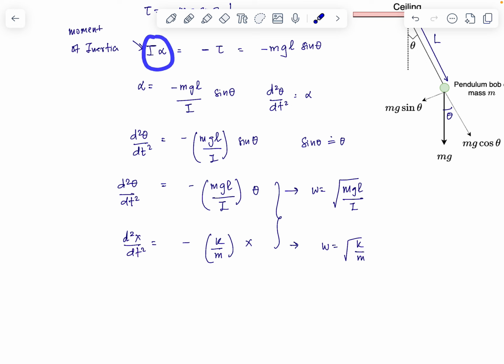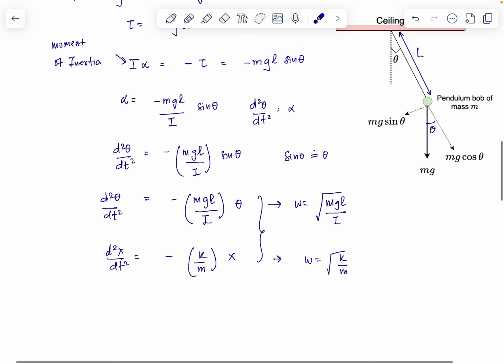When theta is small, sine theta is essentially set to theta, and we get a form that is identical to the equation of motion for a mass attached to a spring. So I hope this will help you understand the mathematical underpinnings of the equations of simple harmonic motion.